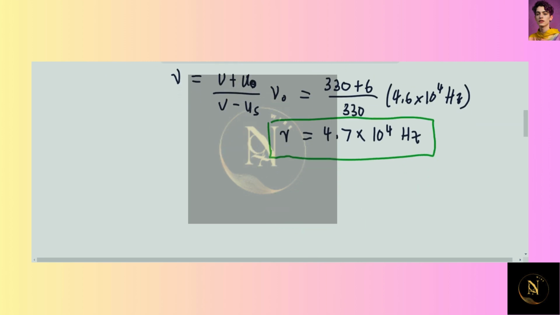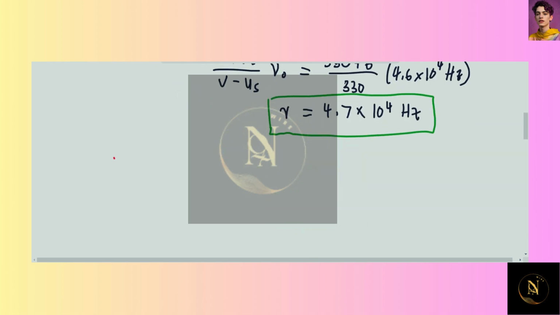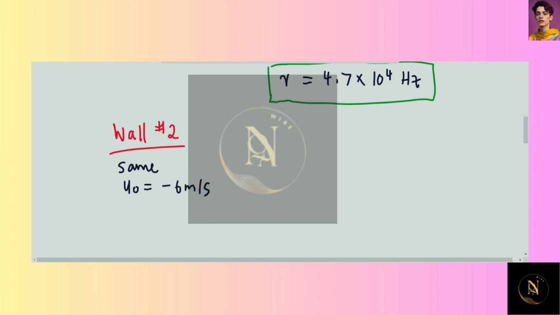Now we have to do wall number 2. And what are the givens for that? They are the same, except we now have a speed of the observer that is negative 6 meters per second because it's moving away from that back wall.